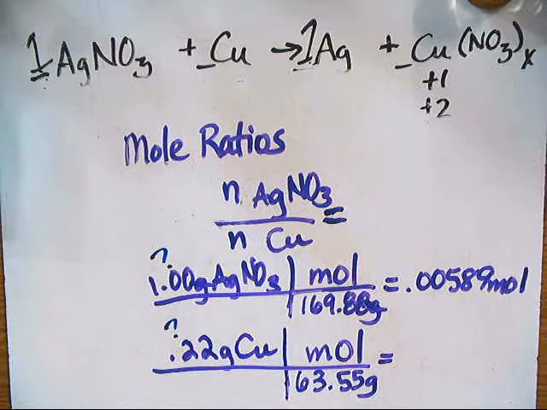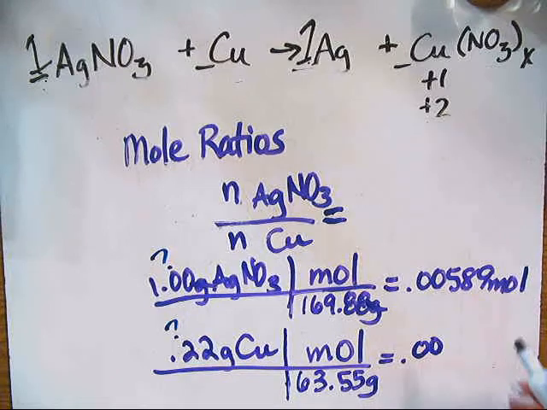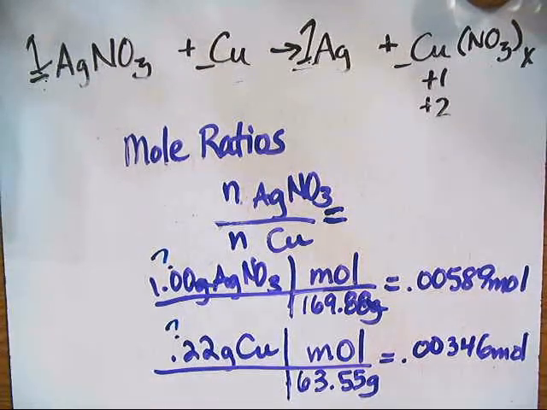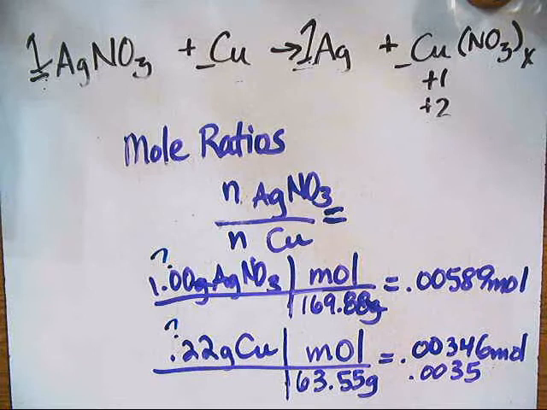And copper has an atomic weight of 63.55 grams per mole. So if I took my 0.22 grams or whatever yours, and I'll just put a little question mark here because your numbers are different. But these numbers should be the same.